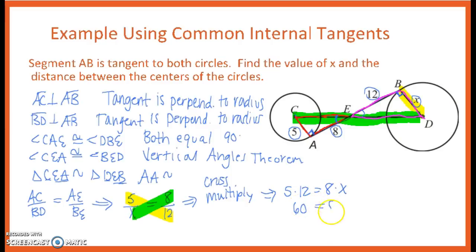So 60 equals 8x. And to solve for x, which is the length of B to D, I just divide by 8 on both sides. And so that tells me that x is equal to 7.5.